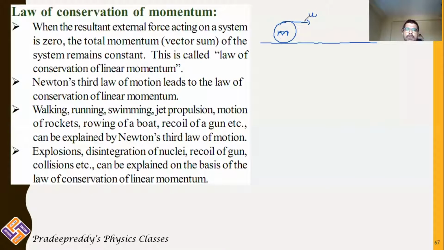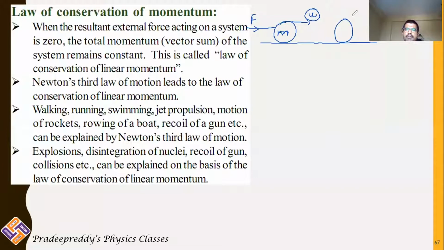Even though you are not applying any force, the body would tend to move with uniform motion according to Newton's first law. But when you apply some force F on this object, the velocity of the body would be increased.